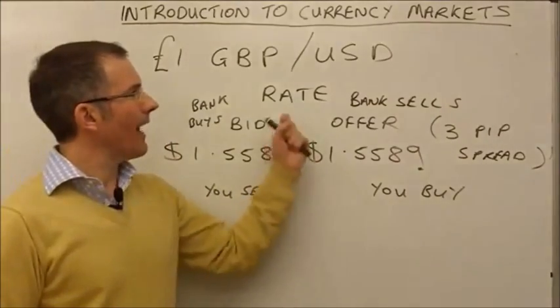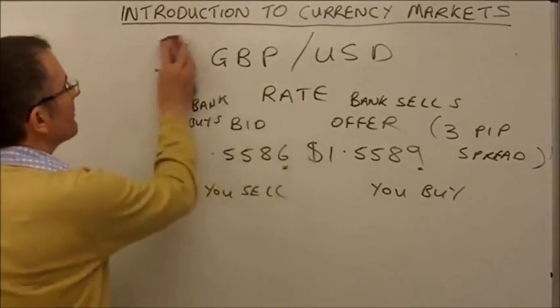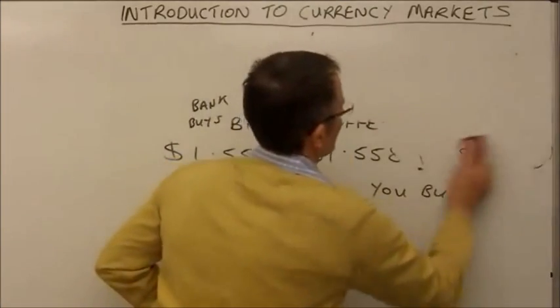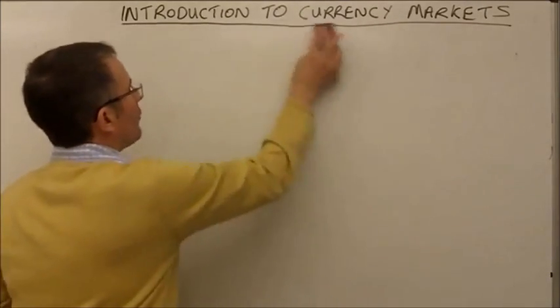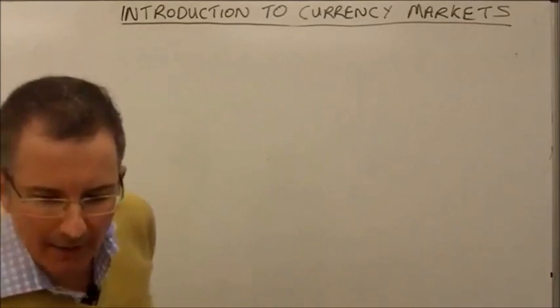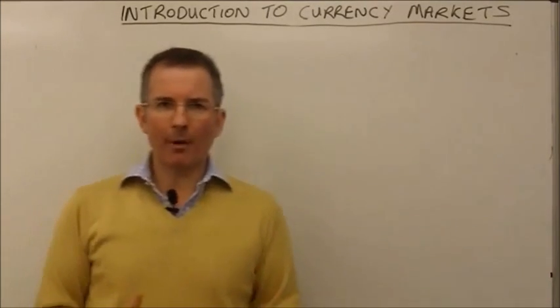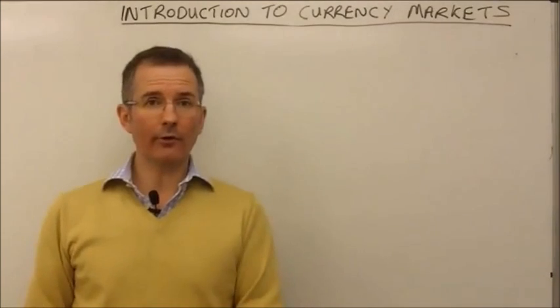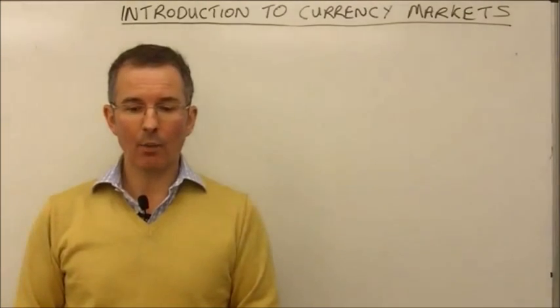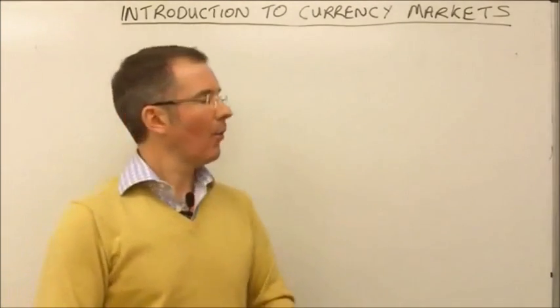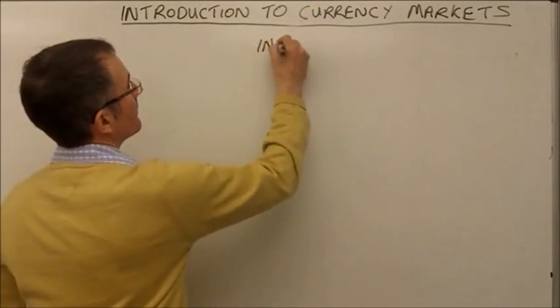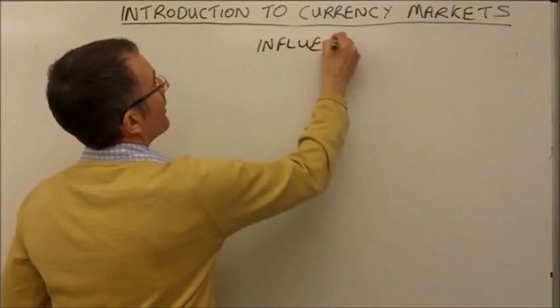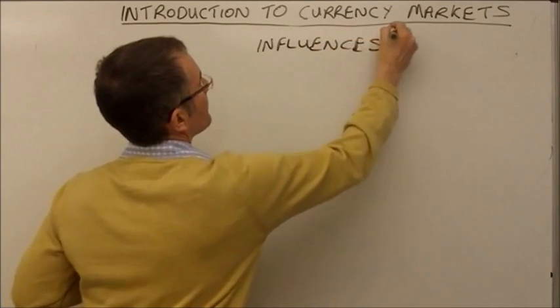what influences that rate? It's all very well saying, well, I now know roughly what it means to buy and sell US dollars using sterling, for example, but why would I? If I was looking to trade, what influences the price of a currency or the exchange rate? And the answer is there are many factors.